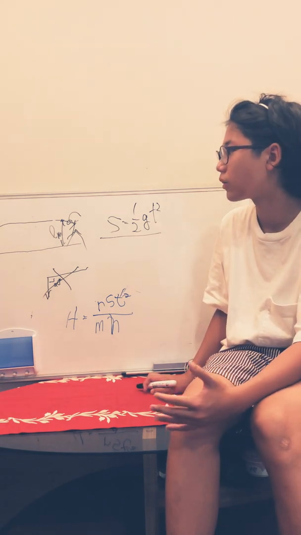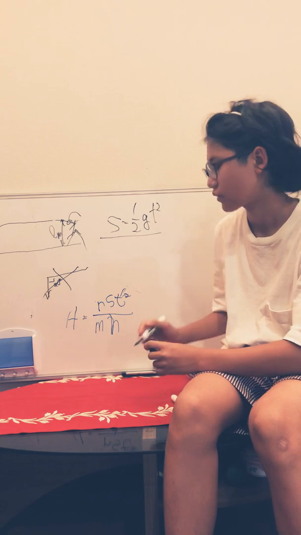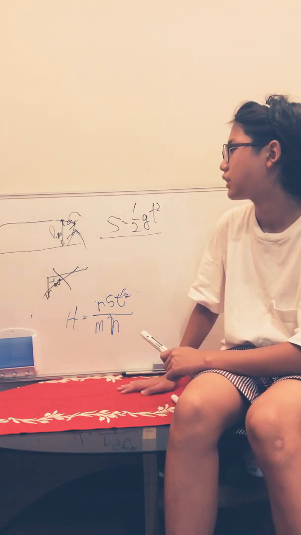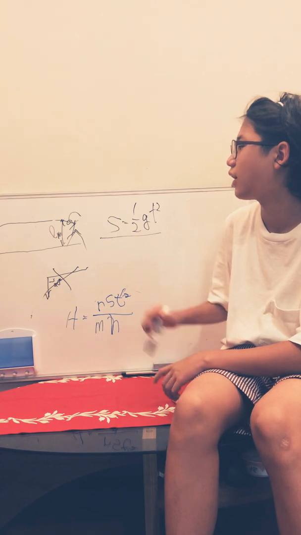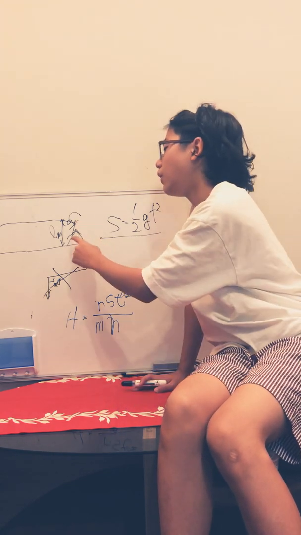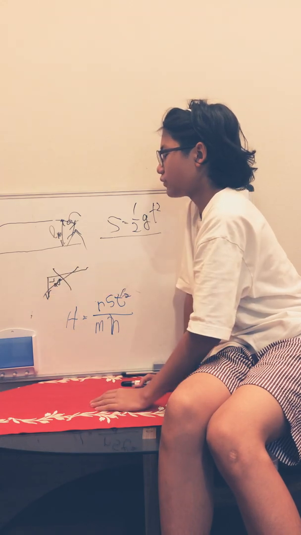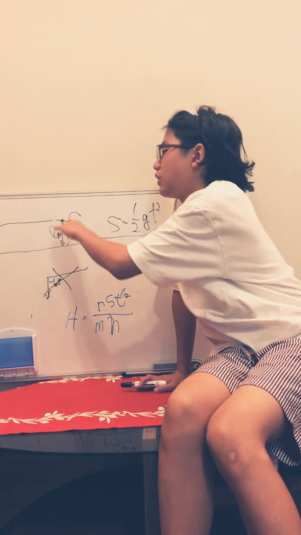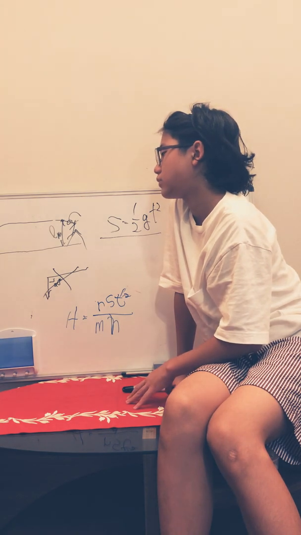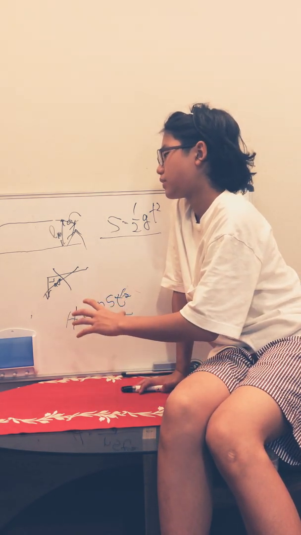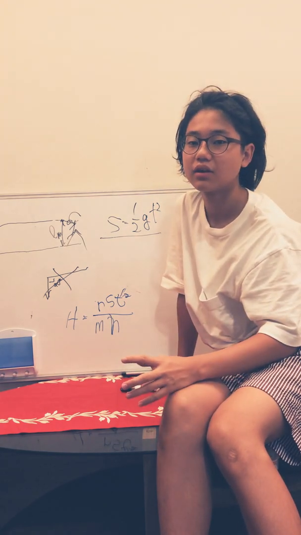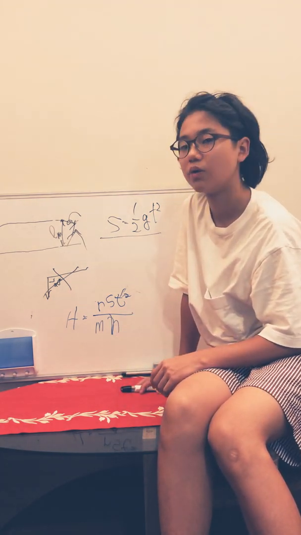So the law called independence of movement shows that whatever the velocity of the ball, no matter what, the time to drop this distance is determined no matter how fast you throw the ball.